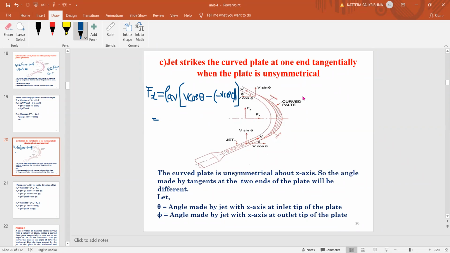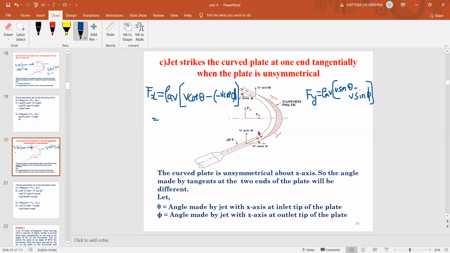Similarly, Fy you can find. So here Fy won't be 0 because angles are not the same. So Fy equal to rho into area into v, into initial velocity in the y direction v sin theta, minus final velocity in y direction v sin phi. Okay, so this will be our formula.